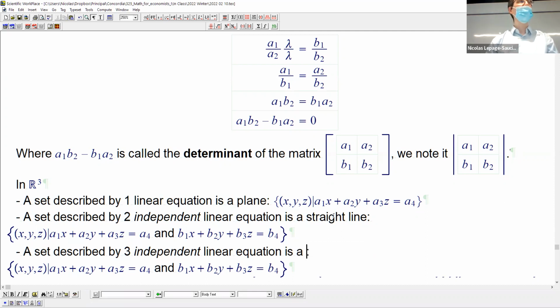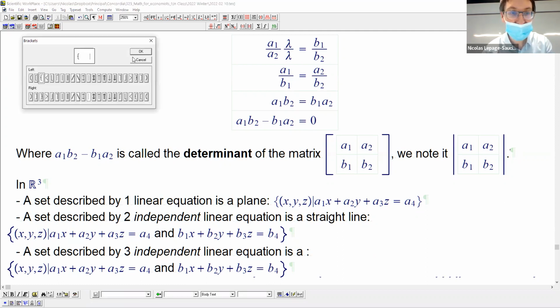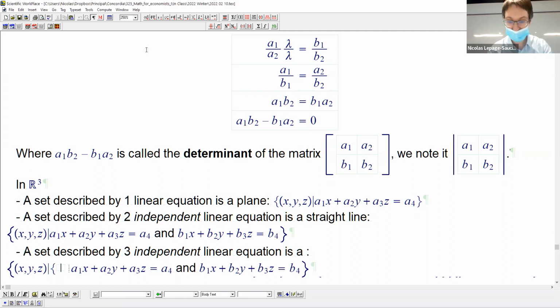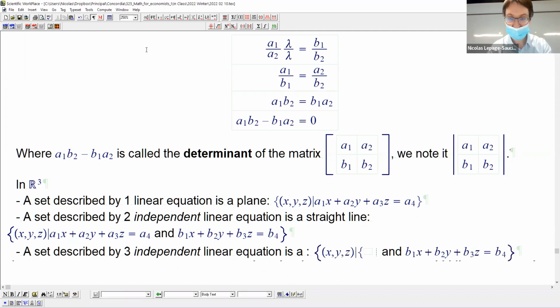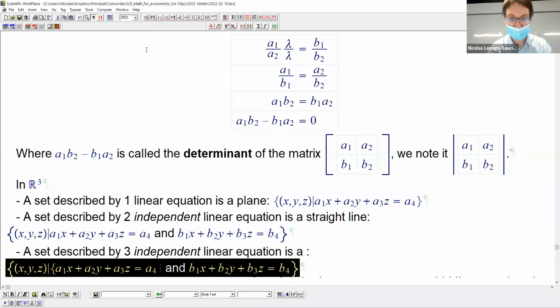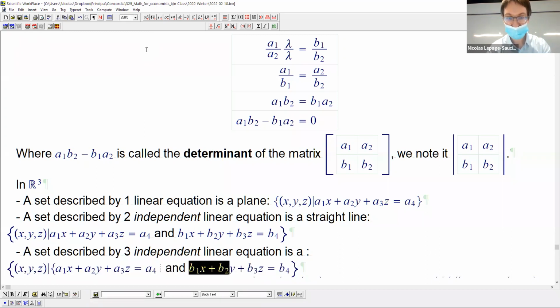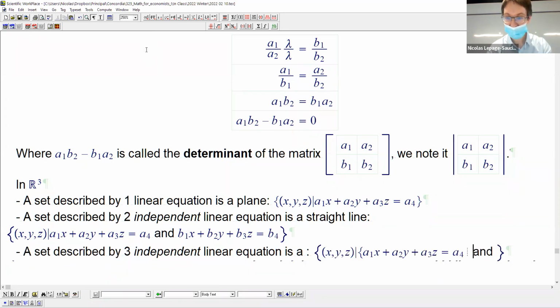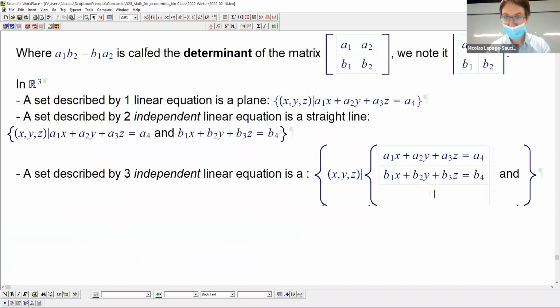Where am I going with this? Now I need more stuff. So I'm going to write this one, and this one.